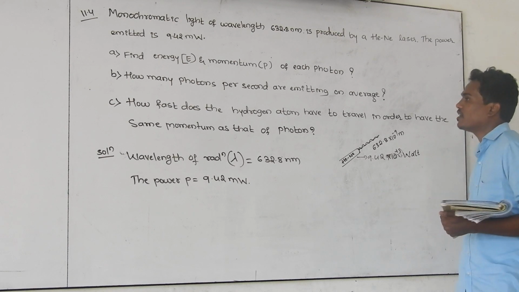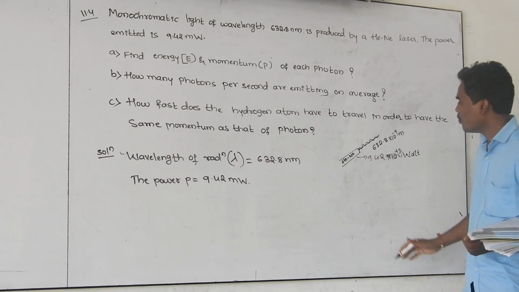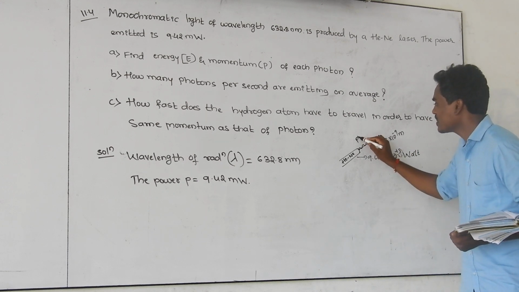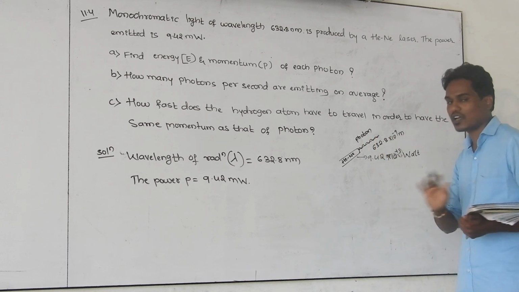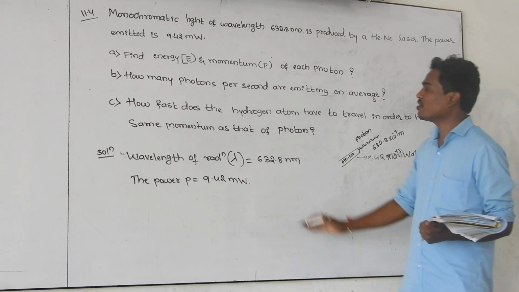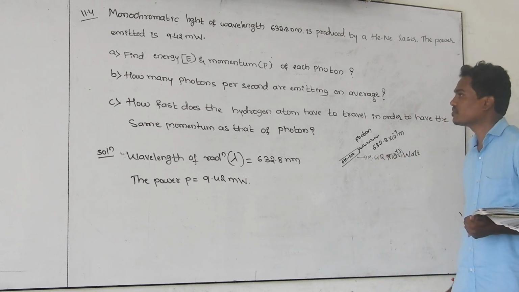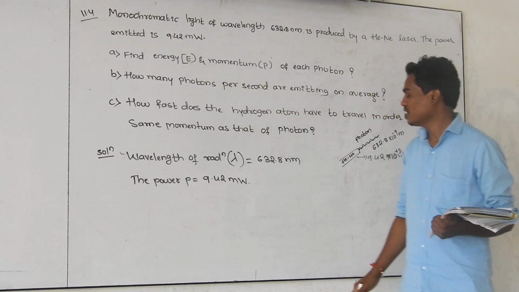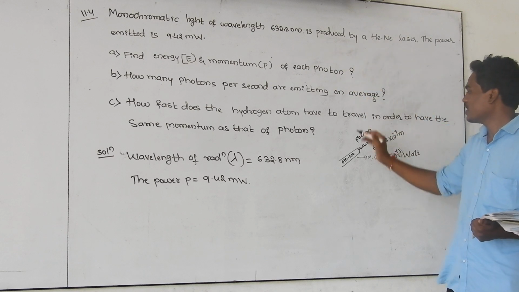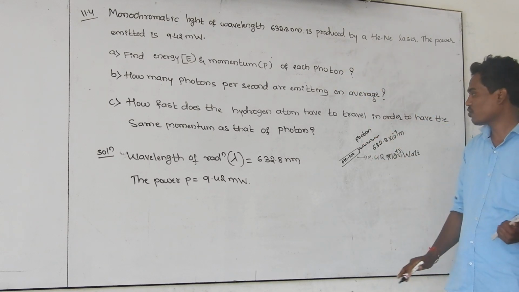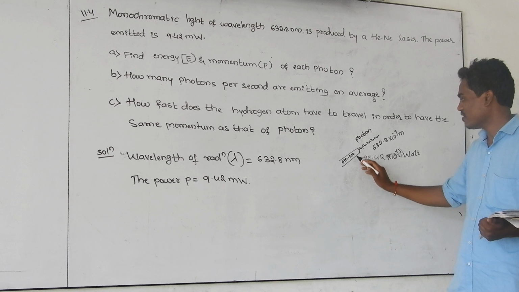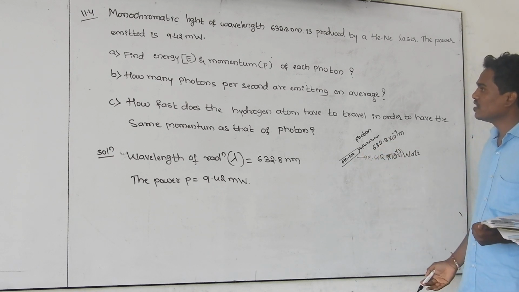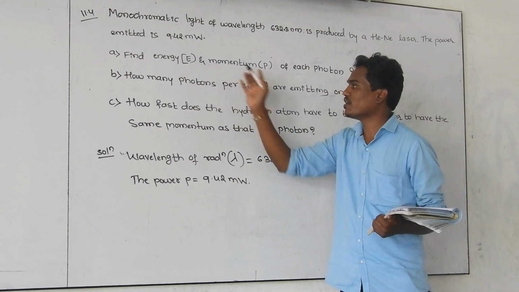And you need to find out, first one, whenever the light is emitting from the laser, the light in the sense is called a photon. Light or photon both are the same here. Whenever the light is emitting from this laser, its energy and its momentum we have to find out. First we have to remember photon and light both are the same.